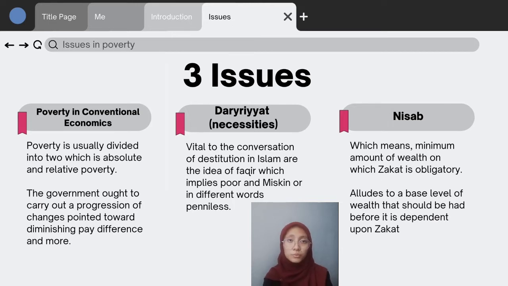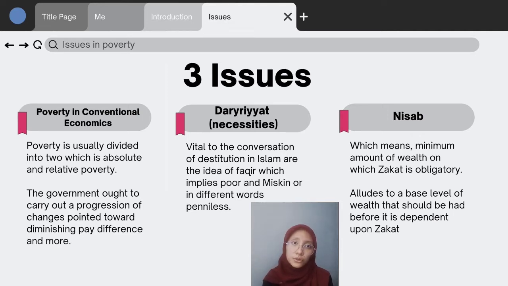It depends on both income and access to services. On the other hand, relative poverty refers to a condition in which people lack the minimum amount of income needed to maintain the average standard of living in the society in which they live. The government ought to carry out a progression of changes aimed at diminishing income difference and more.